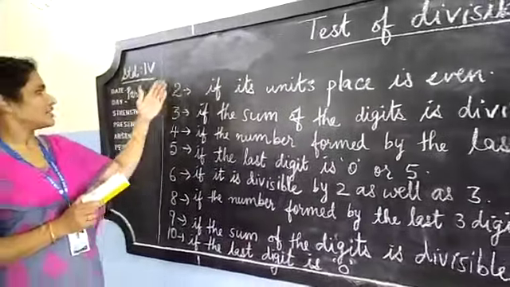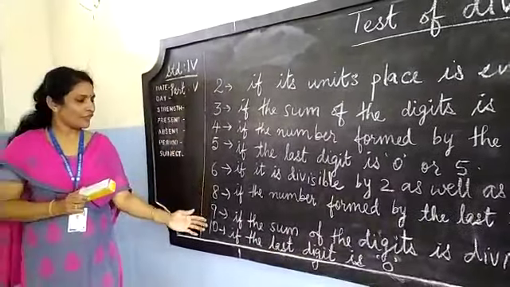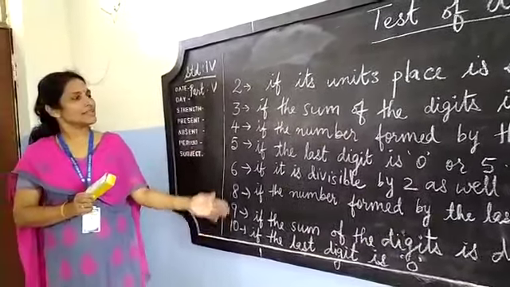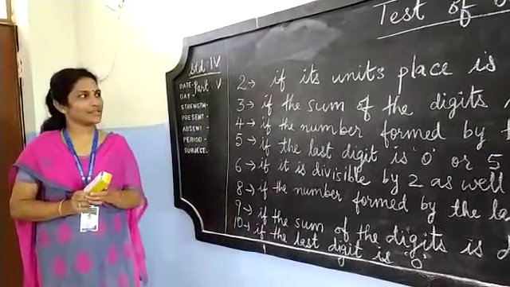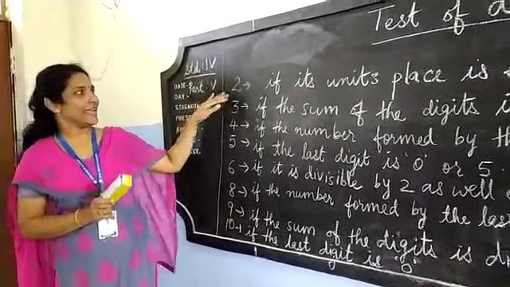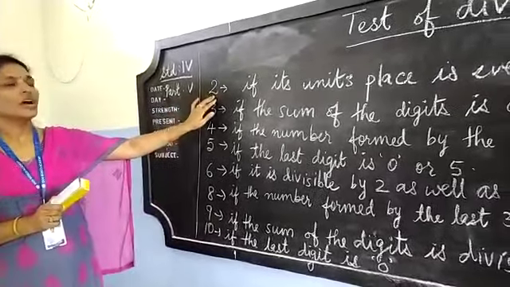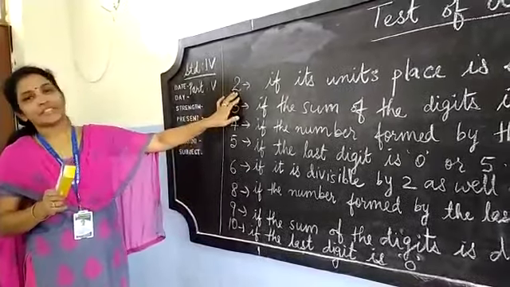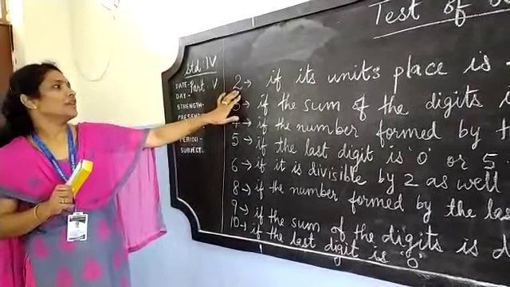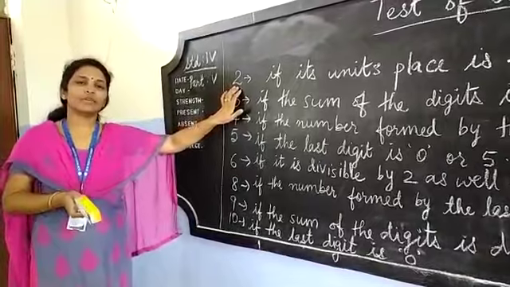Now, here we have some numbers. How can we find out whether a number is divisible by these following numbers? First, we can take number 2. How can we find out whether a number is divisible by 2?